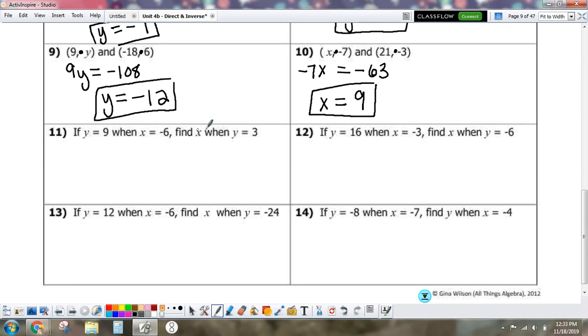Same idea down here. If y is this and x is that, find x when y is this. So we're doing 9 times our -6 equals x times 3. 9 times negative 6 is negative 54 equals 3x. Divide both sides by 3. x equals negative 18.